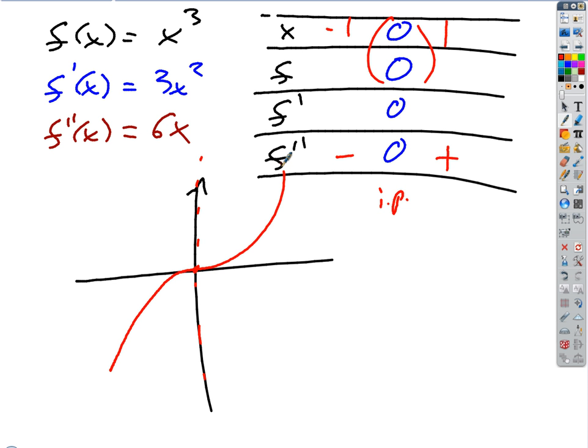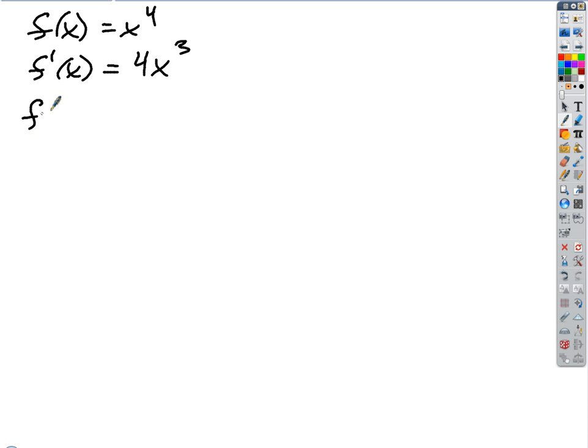Pretty easy. But now watch this. Now I want you to tell me what to do with this. A little bit dirty. Same idea. Table looks identical, right? 0.